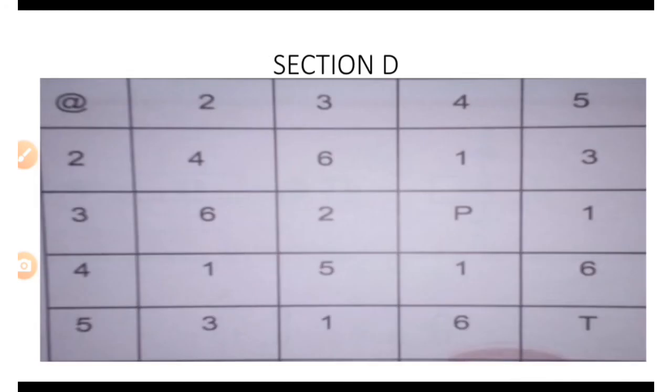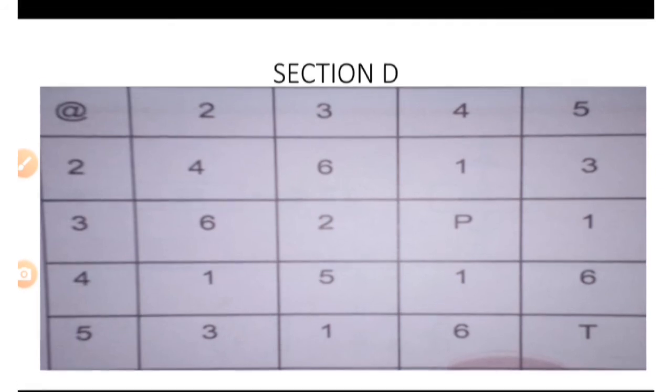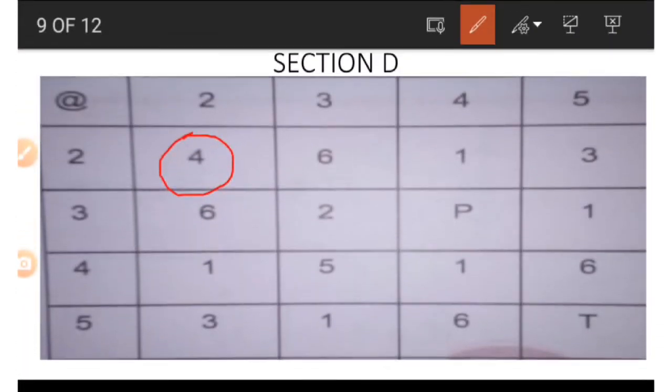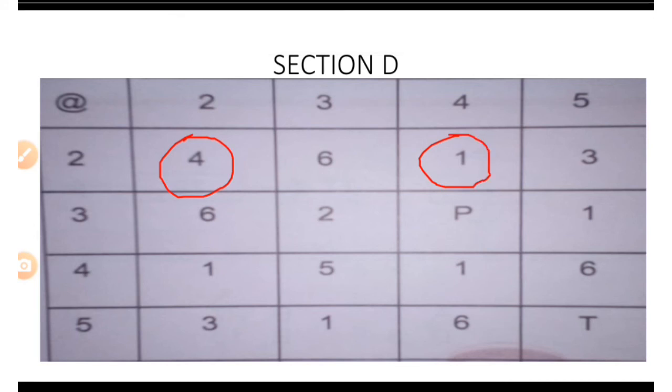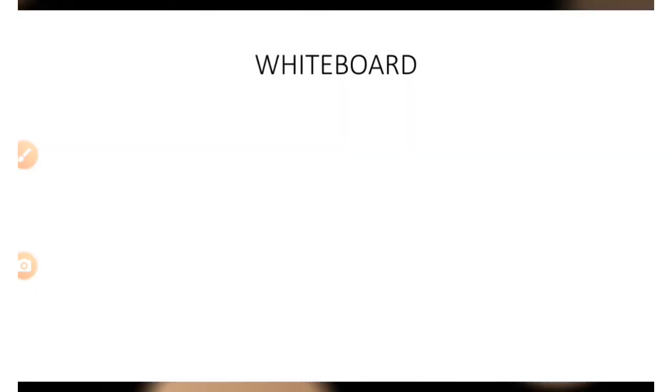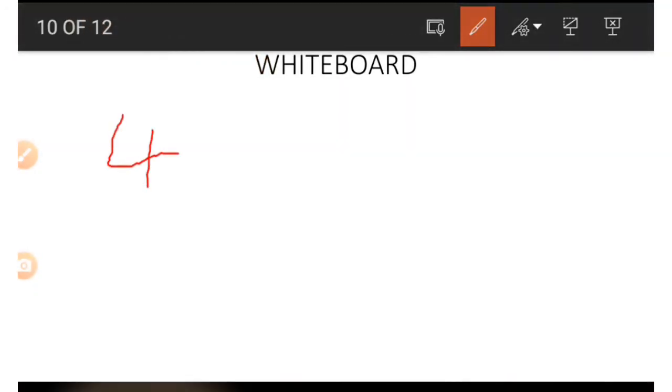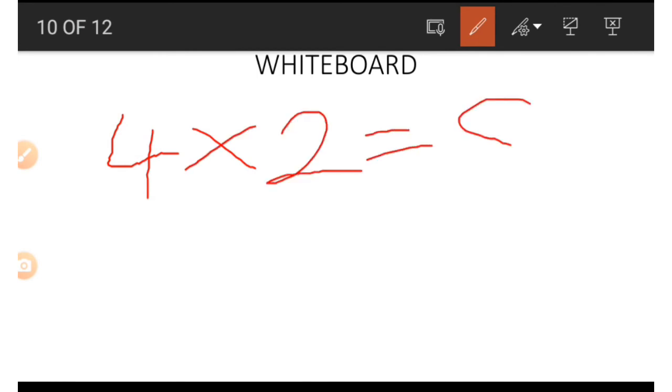Now let's look at how you can get some of the numbers on the table. The first one is 2 on the top and 2 on the side. When you multiply 2 by 2, you get a 4, and this 4 is less than 7, so we write it as 4. The same thing, 4 times 2 is 8. 8 is bigger than 7, so we have to break it down.